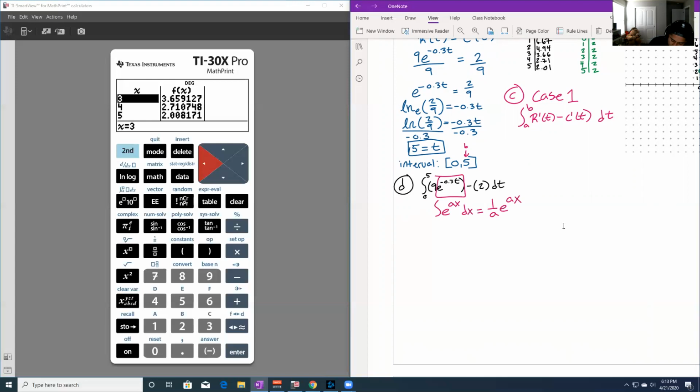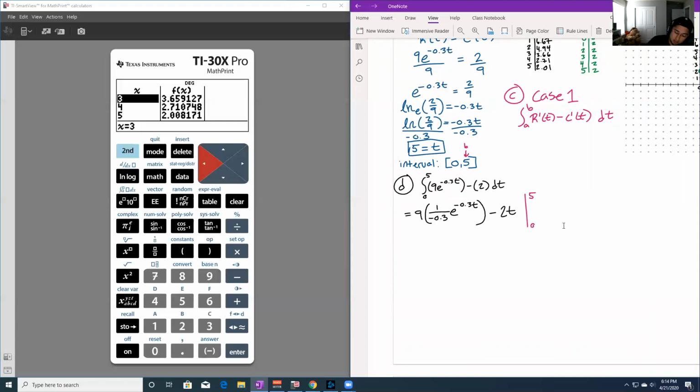Okay, so you get 9 times, now what we're doing is the antiderivative of that e, so it's going to be 1 over negative 0.3 e to the negative 0.3 t. There's that first part. Minus, well, that's just 2t. And we will evaluate from 0 to 5.